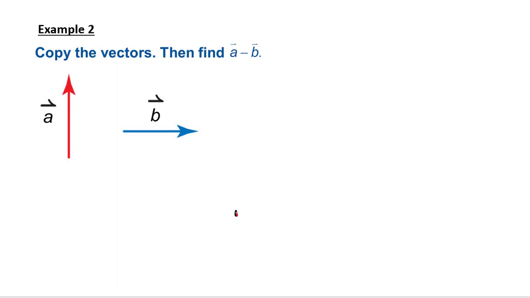Vector A is that length. Now B is going in this direction, towards the right. Negative B is going the same direction, just the opposite way. So this resultant vector is A minus B, and we put our little vector symbol over it.